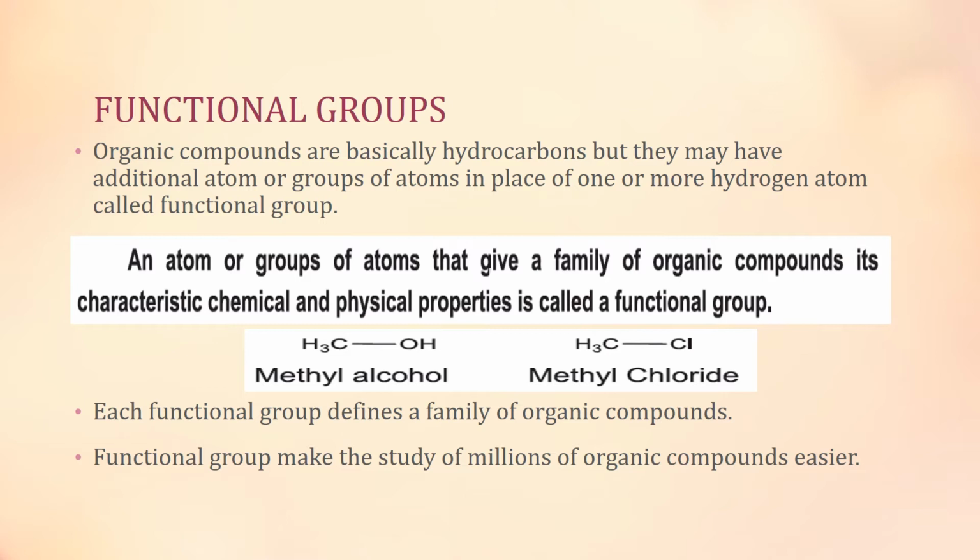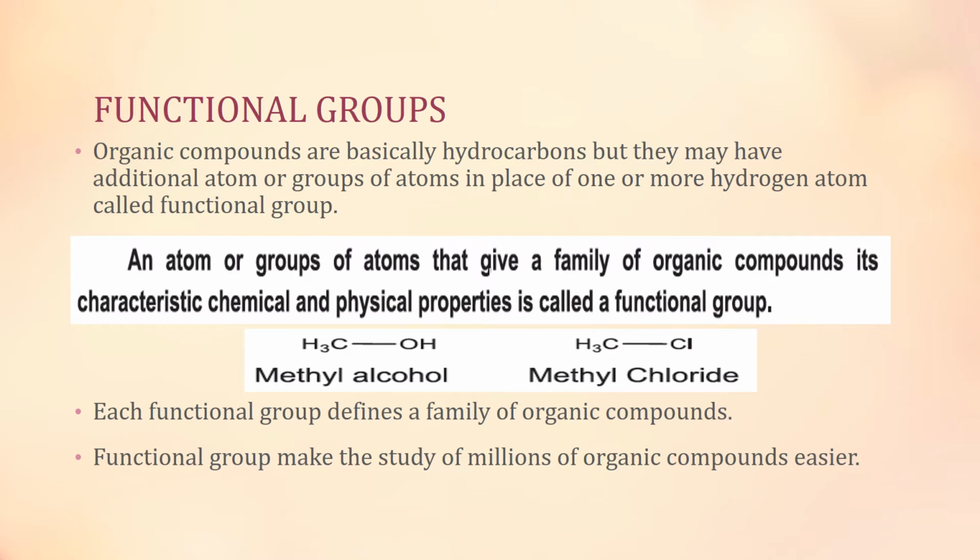Carbon and hydrogen are the main constituents of organic compounds, but organic compounds also contain additional atoms or groups of atoms along with the hydrogen atoms. These are called the functional group. A functional group is an atom or group of atoms that gives a family of organic compounds its characteristic chemical and physical properties.